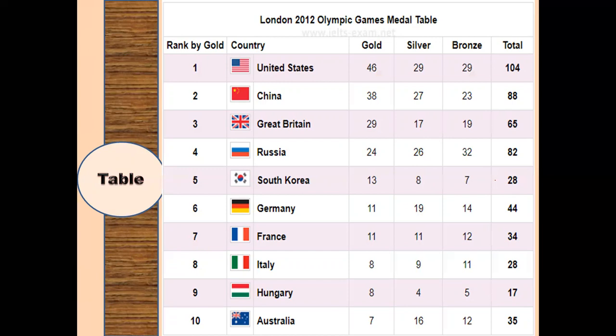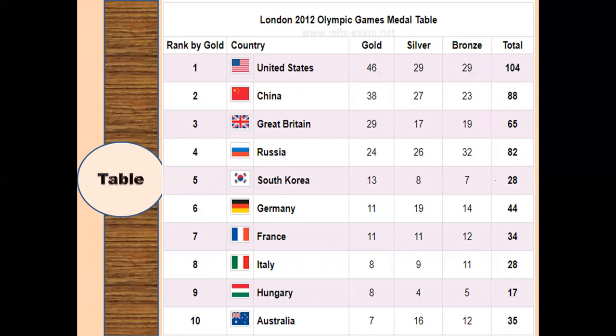If we compare with the total numbers, then the United States is at the higher rank, as the total number of medals won by it is 104, and China 88, Great Britain 65, Russia 82, South Korea 28, Germany 44, France 34, Italy 28, Hungary 17, and the last one, Australia, 35. So you will see that Hungary is the least performer in the Olympic Games.